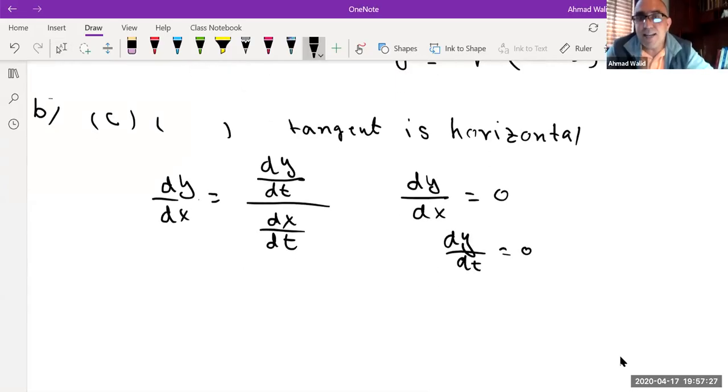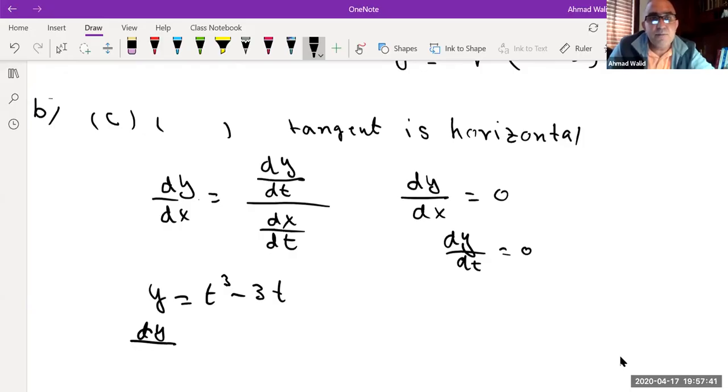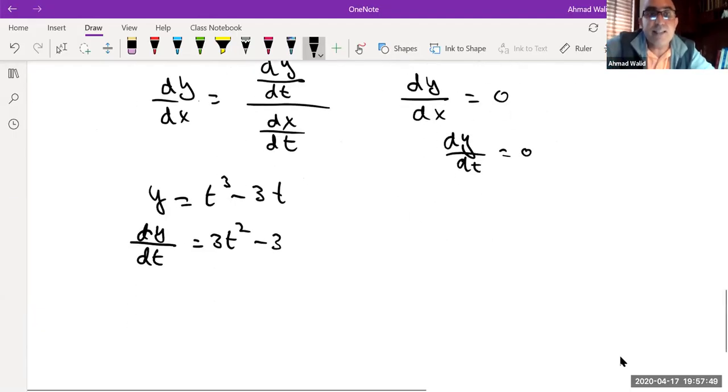It means let's put this derivative equal to 0. I have y equals t cubed minus 3t, then dy/dt, the derivative of this function, equals 3t squared minus 3, correct? Let's make this one equal to 0.